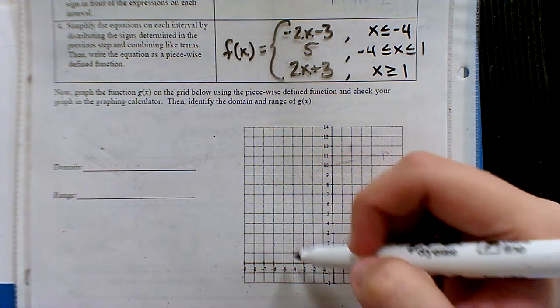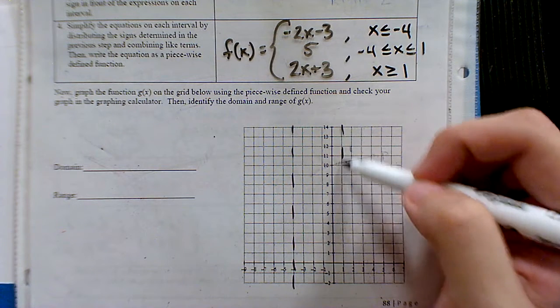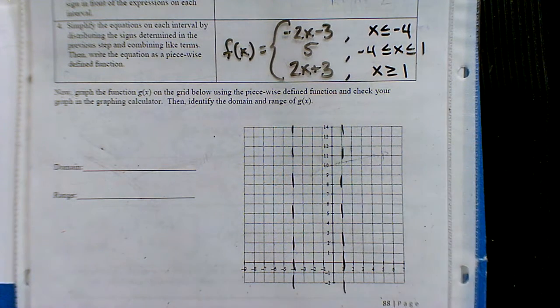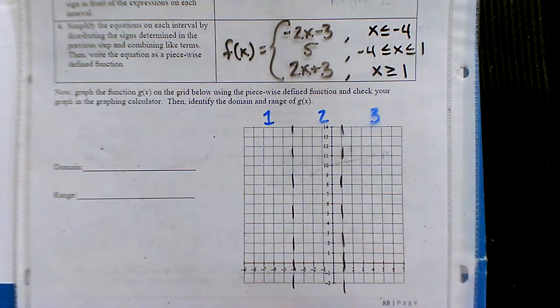We have negative 4 and 1. Okay, maybe you want to label the sections where they show up. I know some of you like to do that.